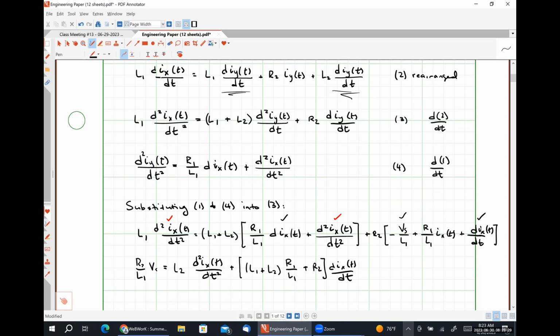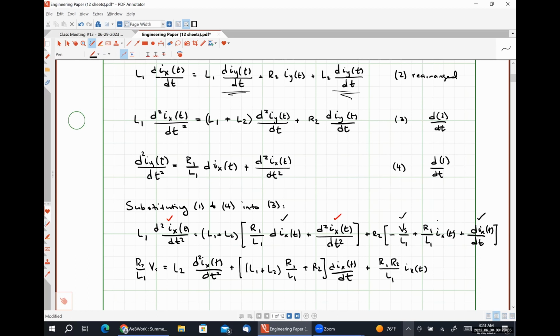And let's see, the last thing that I'm going to have is plus R1, R2 divided by L1 times Ix.